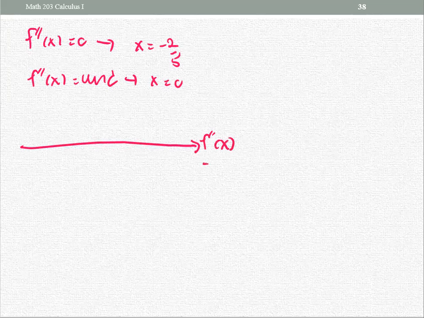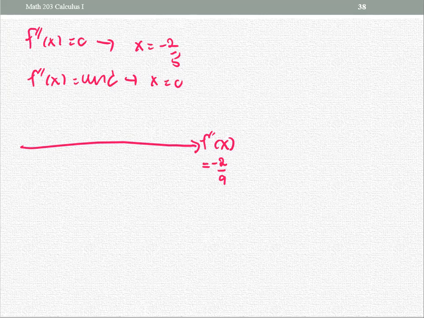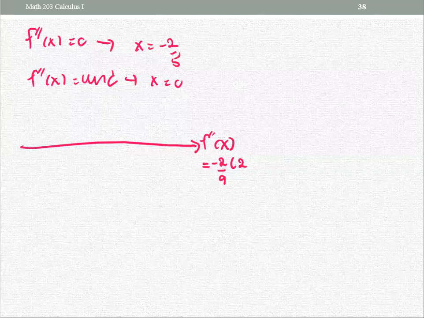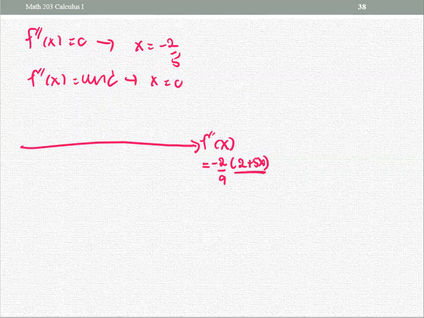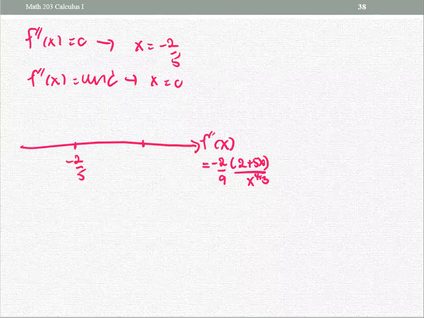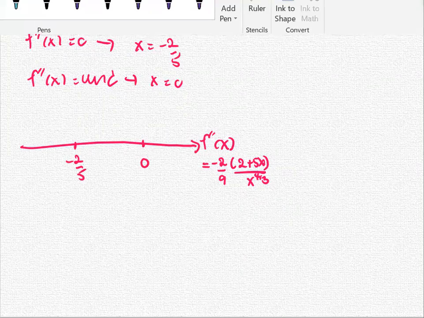And our f double prime, from the full form, is negative 2 over 9 times the 2 plus 5x divided by x to the 4/3. The two possible inflection points are negative 2 over 5 and 0, and we analyze the same way.